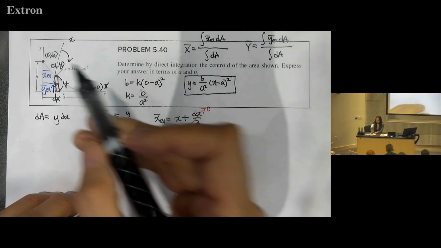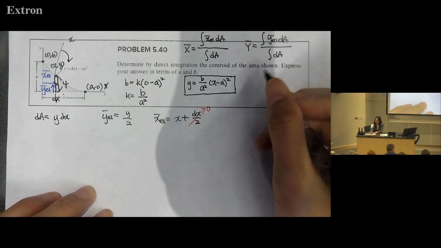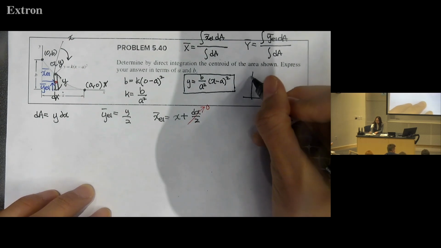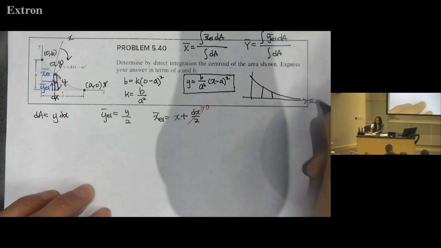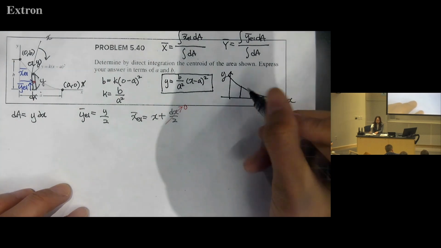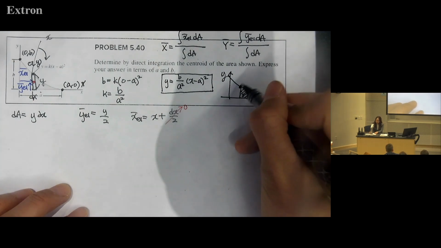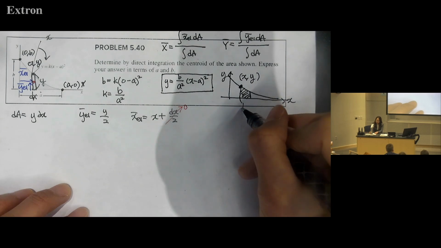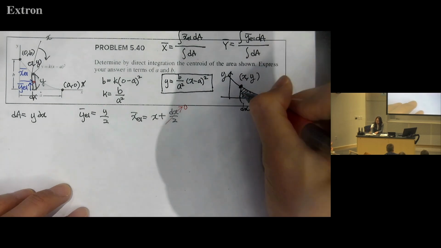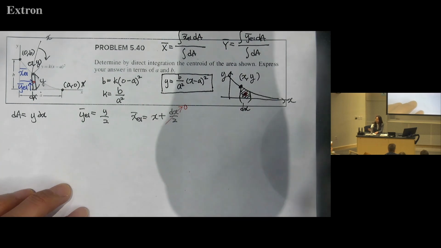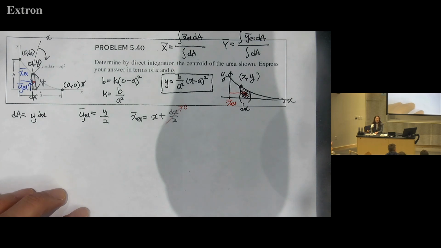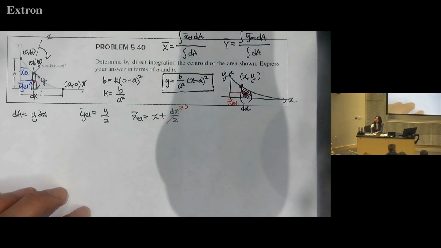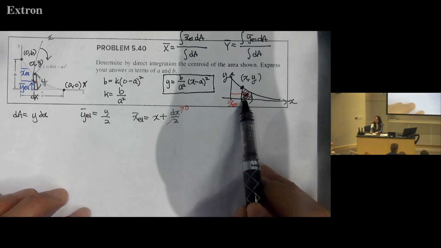Great question. Let's see. If I exaggerate the strip here, this is x, this is y, and this is the strip. This point is x comma y, and this is dx. The centroid is here, and this is x bar L. Do you see it more clearly here? So x bar L is x plus dx over 2.